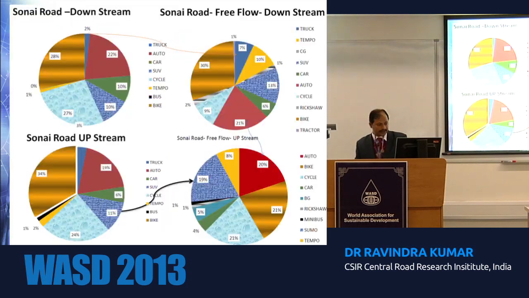Then we compared congested condition and free flow condition. The percentage of trucks was 2% in the congested condition.